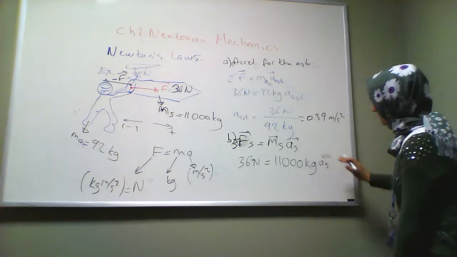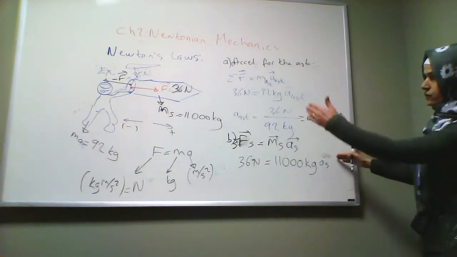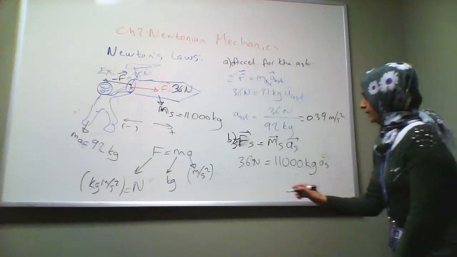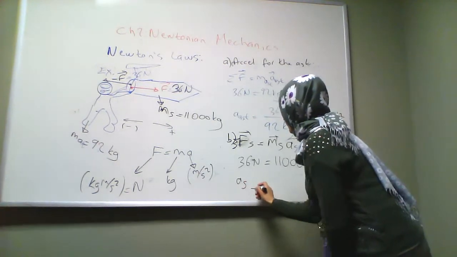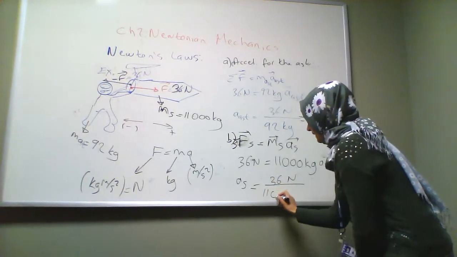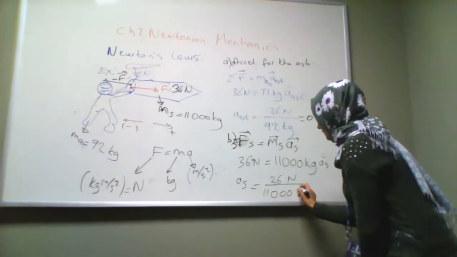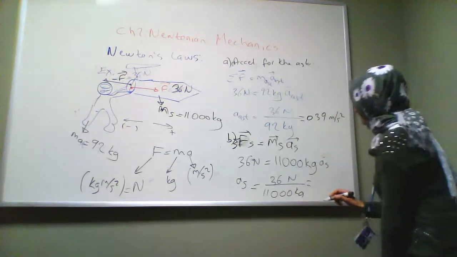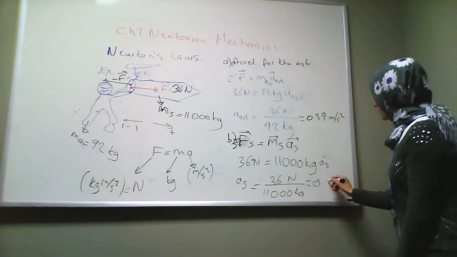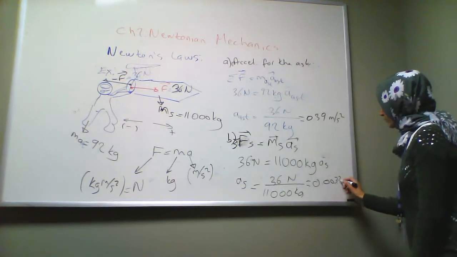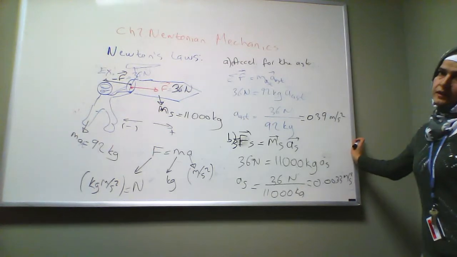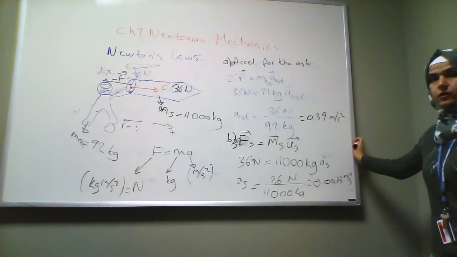Again, I'm looking at magnitude, so I'm deleting the vector sign, since I found the direction already. And a spaceship will be 36 Newton again, divided by 11,000 kilogram, which will be equal to 0.0033 meters per second squared. Please check the answer to see if it's correct.